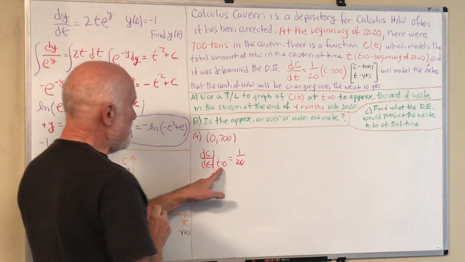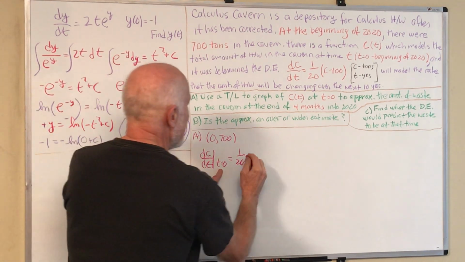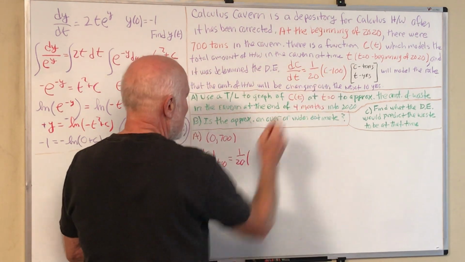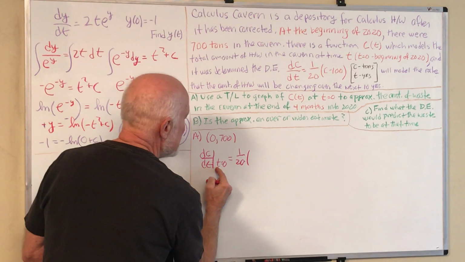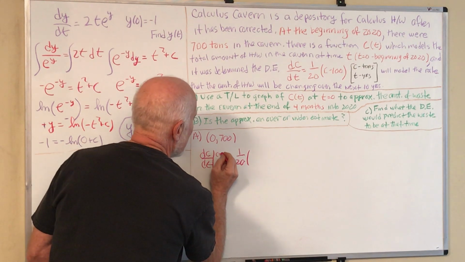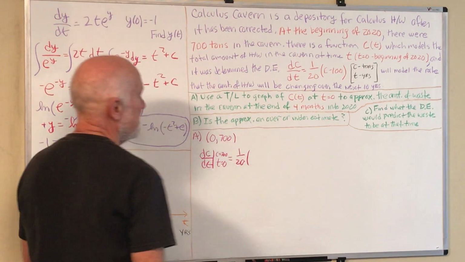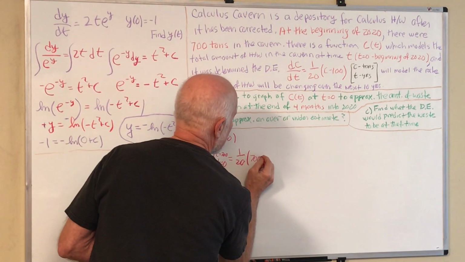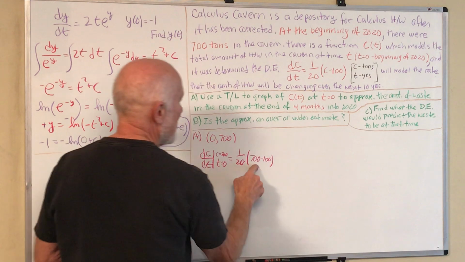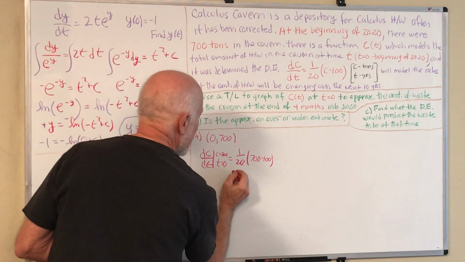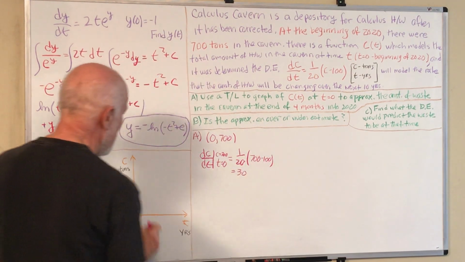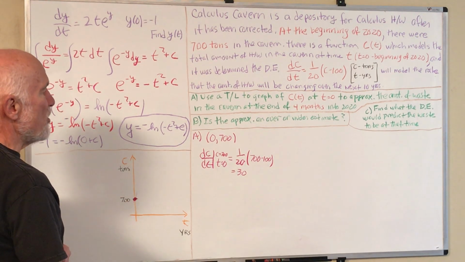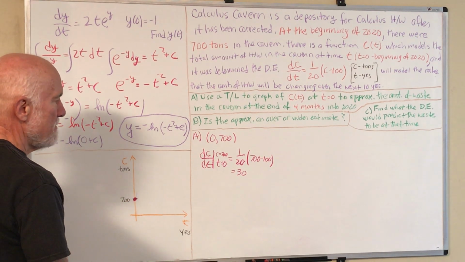So when t equals 0, it's 1/20th, but we don't have a t, we have a c. So what do we know? They know when t is 0, c is 700. So it's actually 700 that we're going to put in there. So we get 600 divided by 20 for 30. So that's going to be the slope, positive 30. The amount of homework is going up.